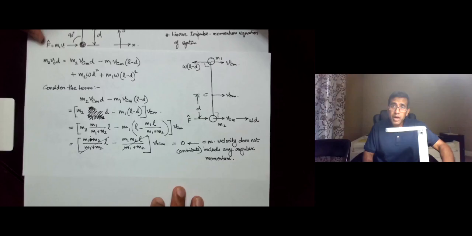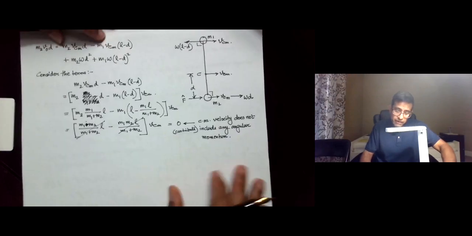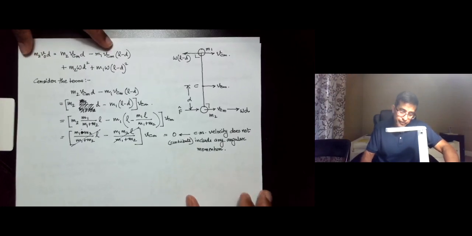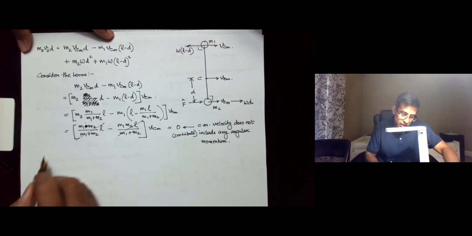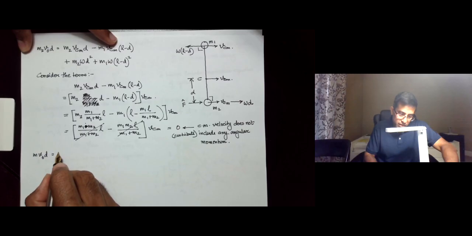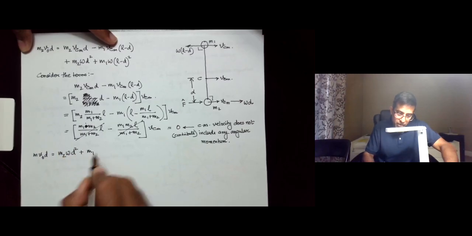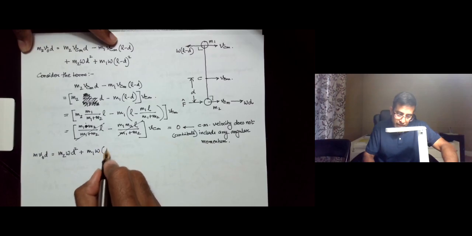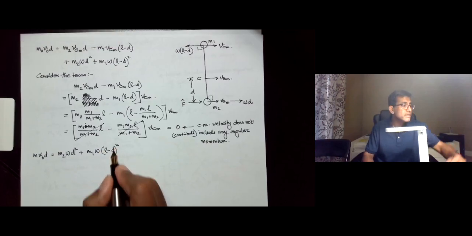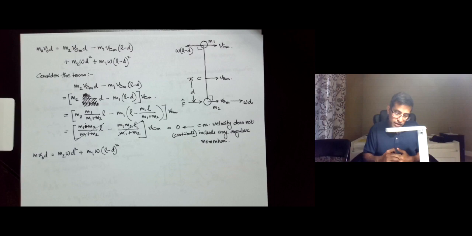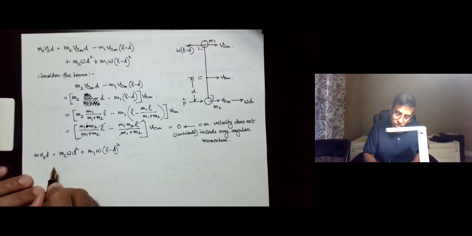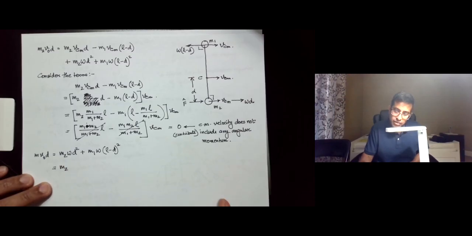So now we are left with m2 v0 d is equal to m2 omega d squared plus m1 omega times L minus d squared. Okay, so we can make substitutions. We have m2, and d we already know the expression for.